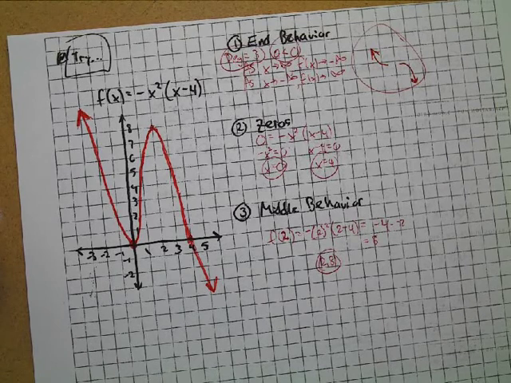So 5.2 numbers 9, 10, and 14 it looks like. I think that's it. Yep, 3 problems. Okay, so you guys have 15 minutes to get 3 problems done.